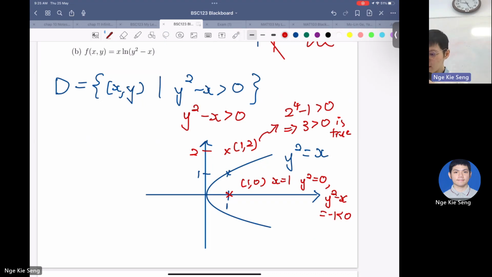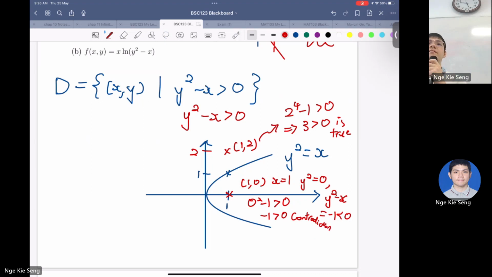But if you take anything inside the parabola, for example, Jinghua said take 1, 0. Then you compute 0 square minus 1. Is it greater than 0? You will get minus 1 greater than 0, which is a contradiction.